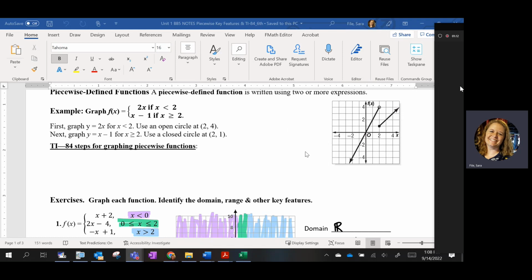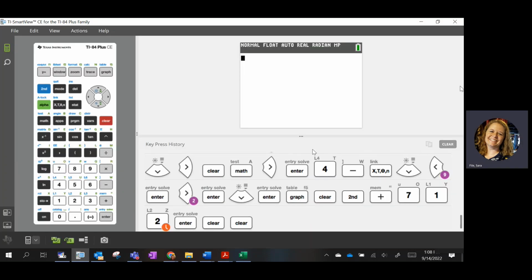Okay, so the first thing you're going to do is go to y equals, and you're going to type in your equation divided by the restriction. The easiest way to do that is to use the numerator denominator feature we talked about in the scavenger hunt on Friday.